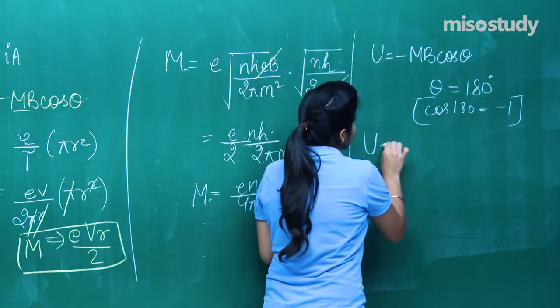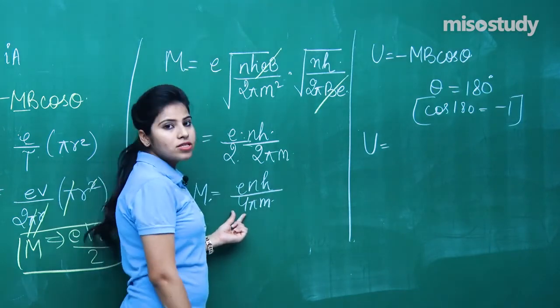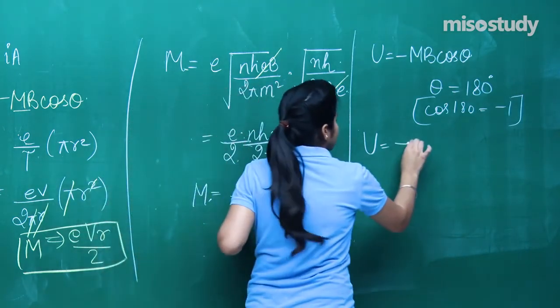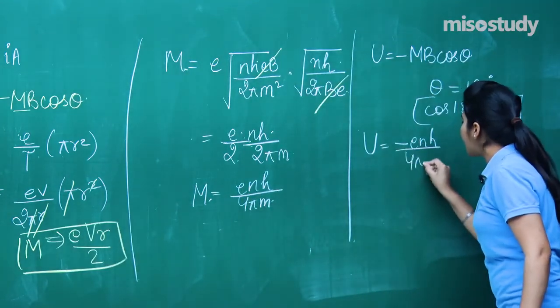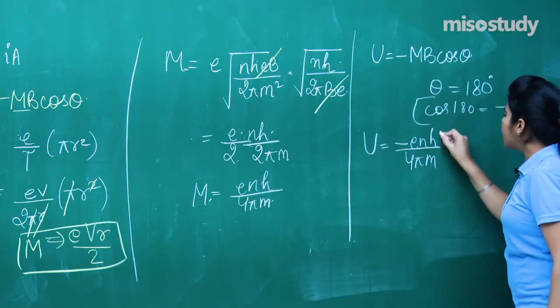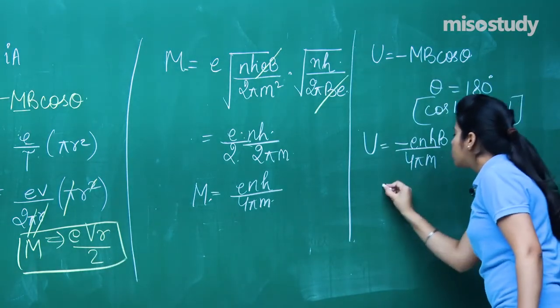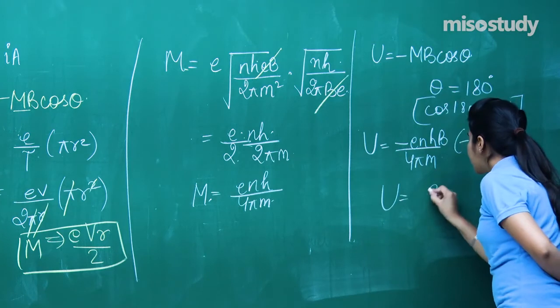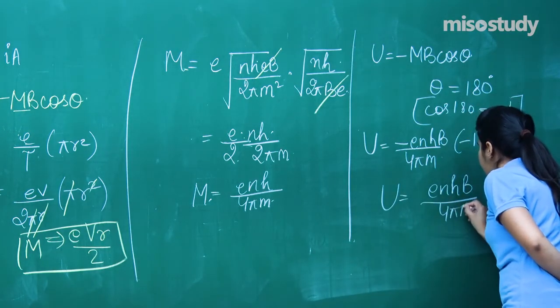So now we put U equals to minus m B, and the value of m is e n h upon 4 pi m, into B into cos 180 degrees, that is minus 1. So you are having U equals to e n h B upon 4 pi m.